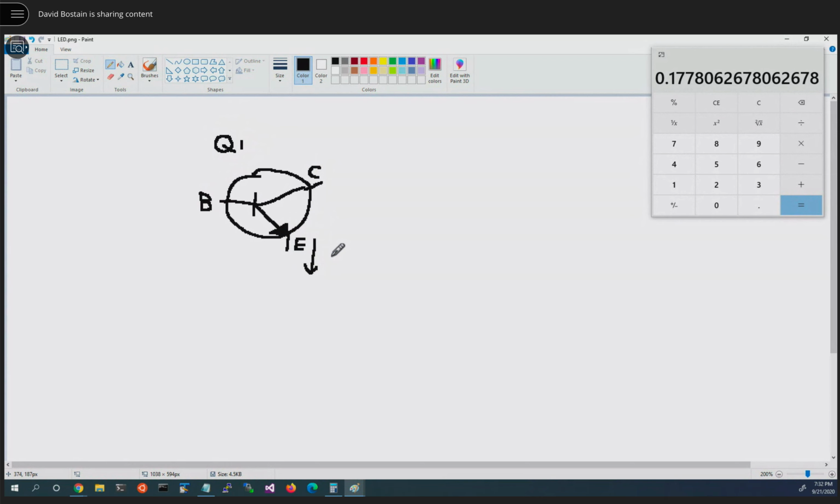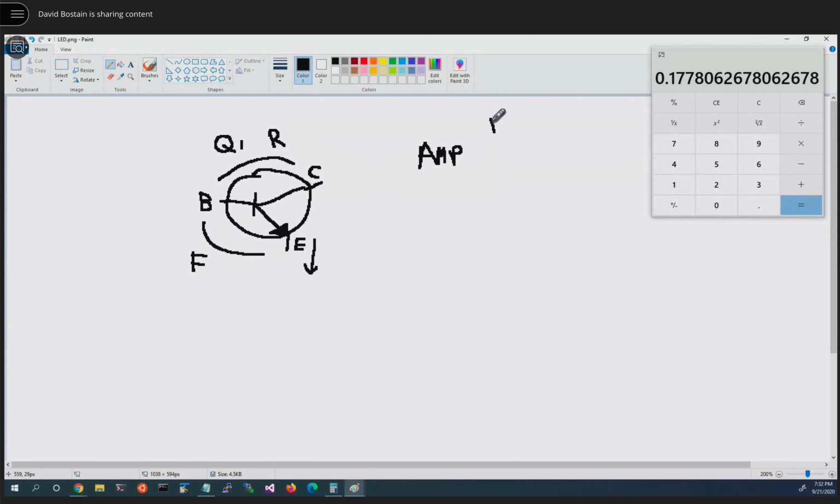Now a transistor can be biased in the same way a diode can be. The only thing is it has two different places to be biased. One of the bias points is across the base emitter. The other is across the base collector. Now, if we're amplifying, so if we're acting like an amplifier, the base emitter will be forward biased, but the base collector will be reverse biased.